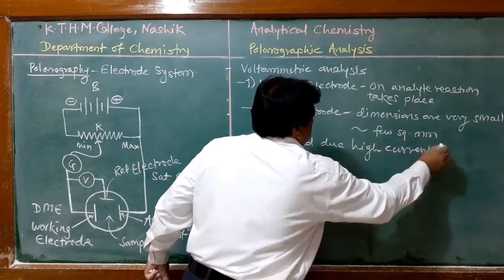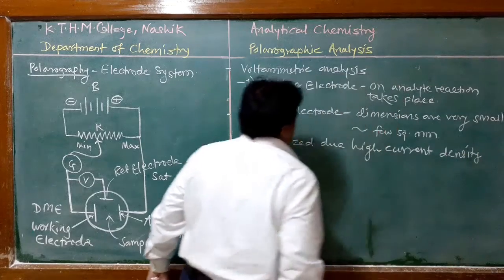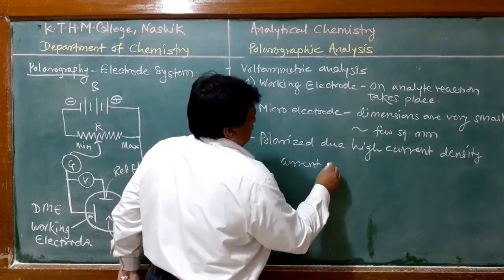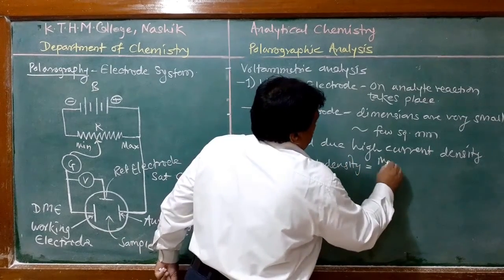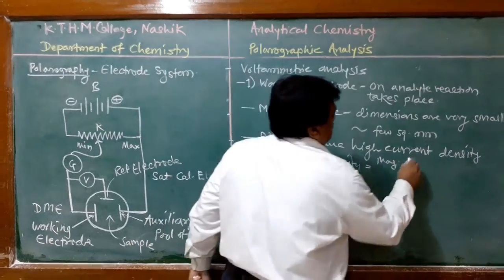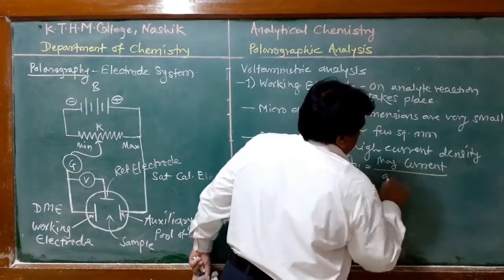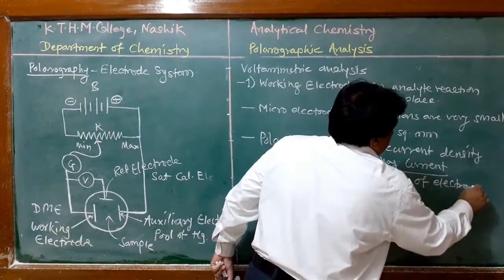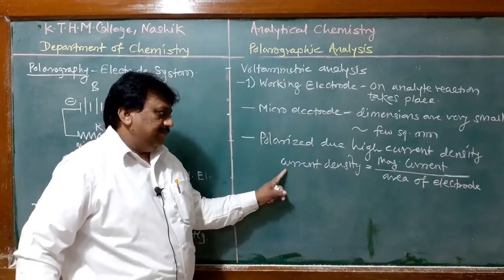Current density means the magnitude of current flowing through the cell or through the electrode divided by the area of the electrode. And if the area of the electrode is very small, then the current density is very high.